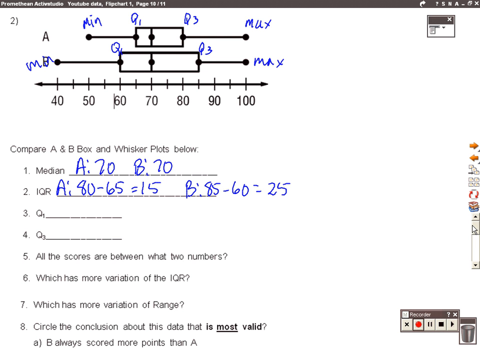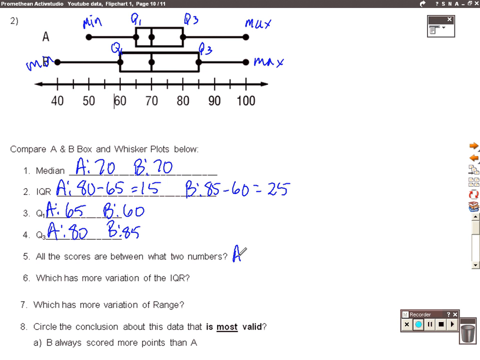For A, quartile 1 is 65, and for B, quartile 1 is 60. For A, quartile 3 is 80, and for B, quartile 3 is 85.